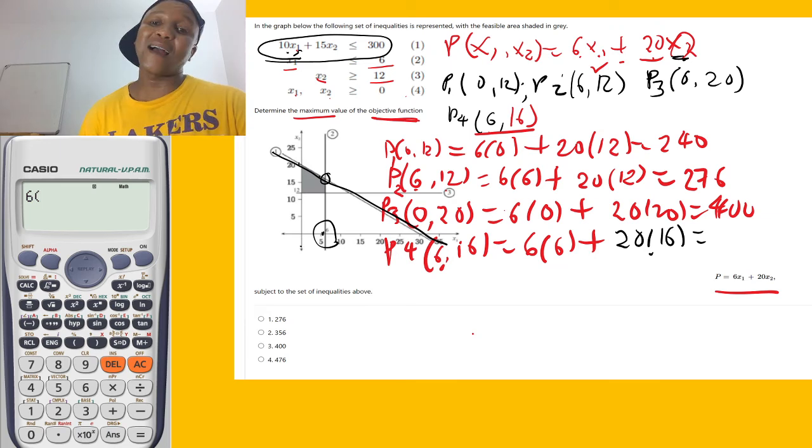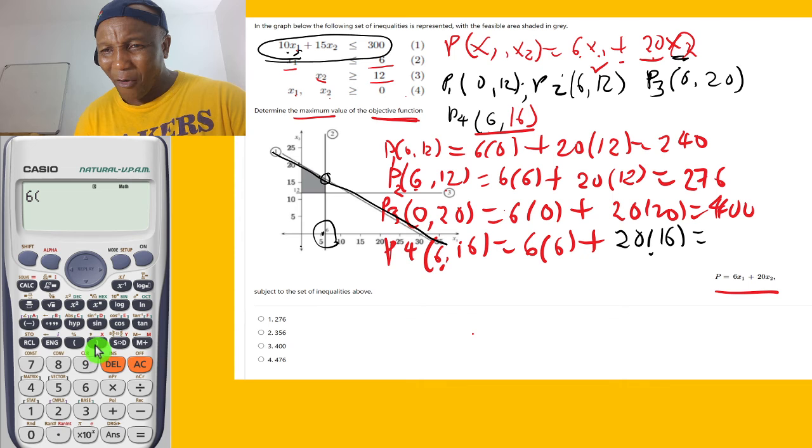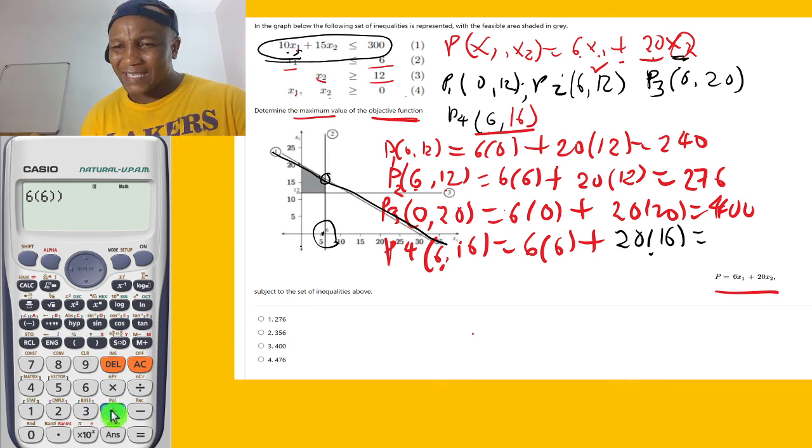Let's plug in the calculator: 6 times 6 plus 20 times 16, and close the bracket. My calculator sometimes can be funny a little bit.